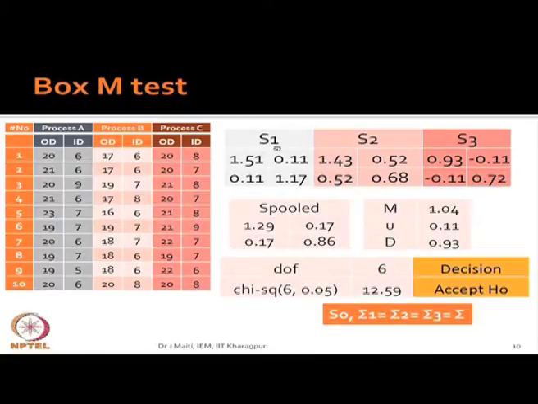Are you not comfortable now to compute the covariance matrix for a given data set? For process A, the covariance matrix is S1, for process B it is S2, for process C it is S3. Can you recall the covariance matrix formula? What you have used?